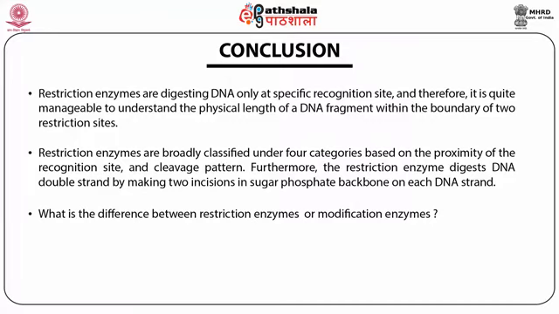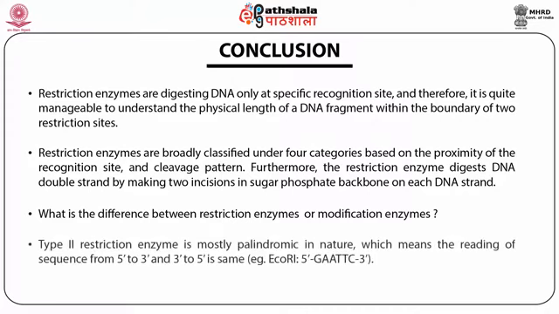Another important point in the restriction enzyme chapter is that type 2 restriction enzymes are mostly palindromic in nature, which means the reading of the sequence from 5' to 3' and 3' to 5' is the same. For example, EcoRI, which is GAATTC. If you read this restriction site from both ends, it appears the same, and that is why it's called a palindromic sequence.